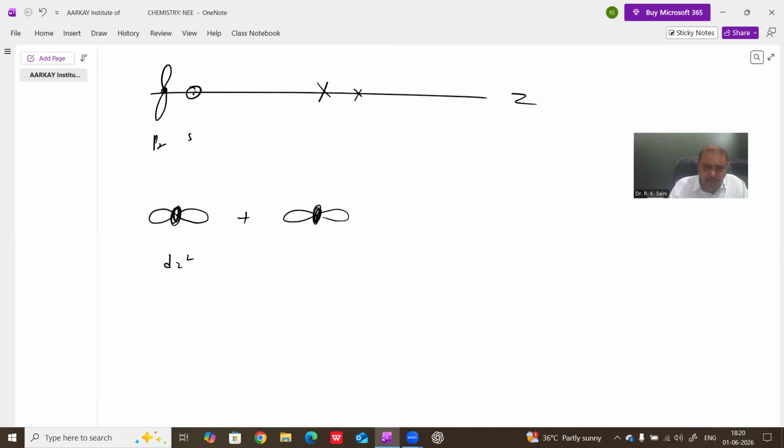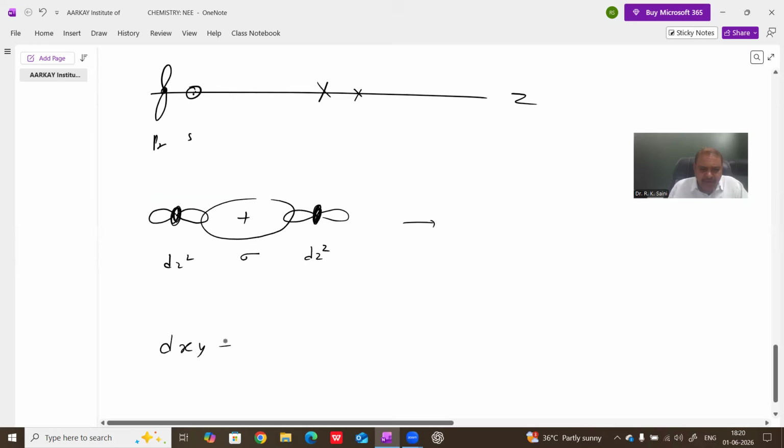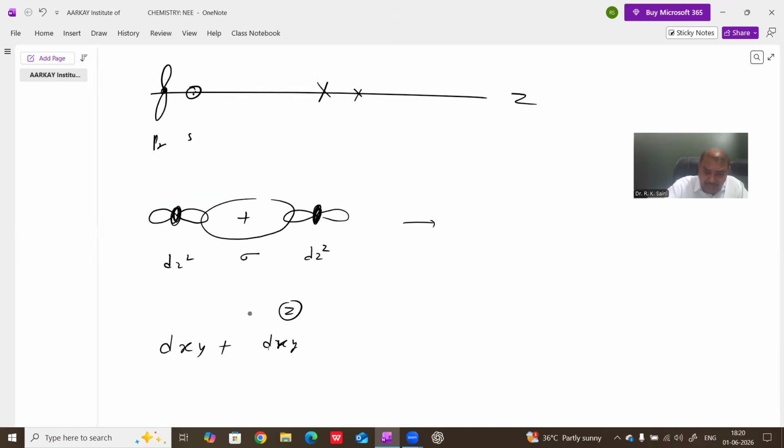It is only one dumbbell, because one dumbbell changes into a circular ring along the x and y axes. Therefore, their overlapping also makes a sigma bond. Head-to-head overlapping gives a sigma bond. Similarly, when the dxy and dxy orbitals overlap along the z axis, they make a delta bond.